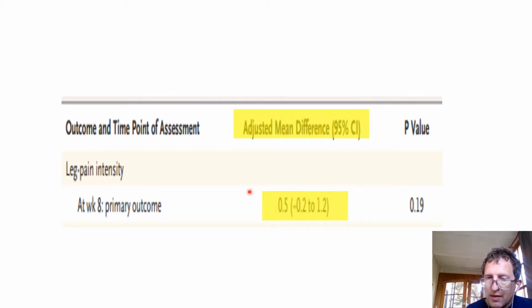So that's where confidence intervals come in. They help you determine the real result, and then you can determine whether it's a positive or negative study. So this is actually a negative study. There is no result. If that result had been positive, then you'd be interested in exactly what that number is. The higher the number, the more the magnitude of effect.